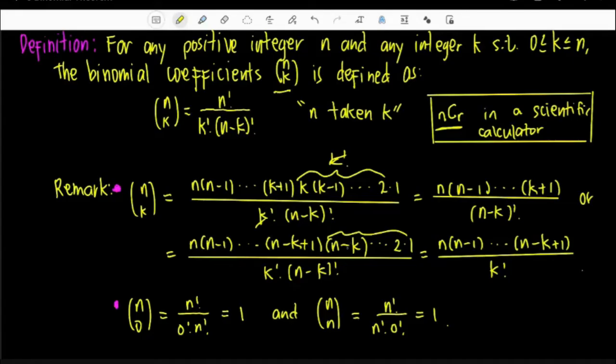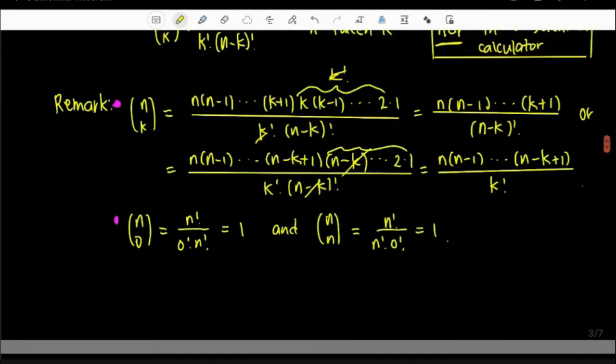If you cancel this term, you're left with n up to n minus k plus 1 on the numerator and k factorial on the denominator. So again, you can use this to simplify the binomial coefficient. If k is greater than n minus k, you can cancel k factorial. On the other hand, if n minus k is bigger than k, then you can cancel at most n minus k factorial.